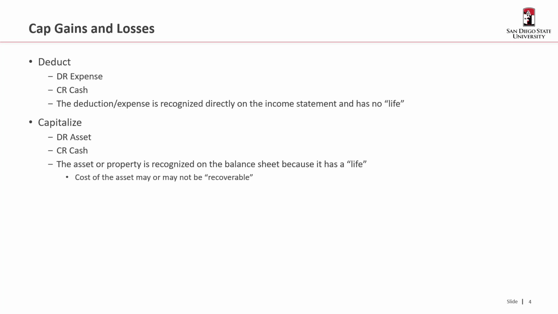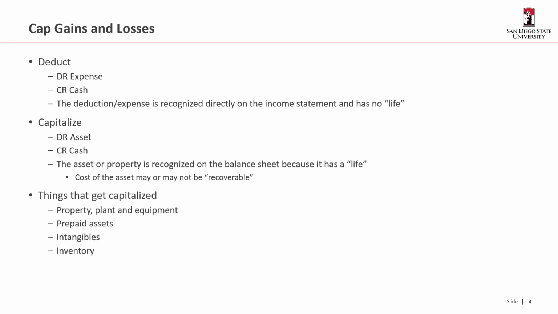Versus capitalize, which would be debit asset and credit cash. In this case, the asset or property is recognized on the balance sheet because it has a life. And the cost of that asset may or may not be recoverable. And it might be recoverable in the near term, and it might not be recoverable until much later or until it's sold.